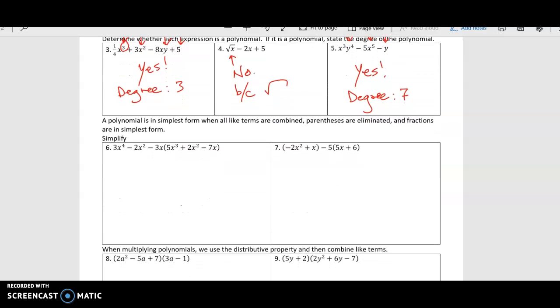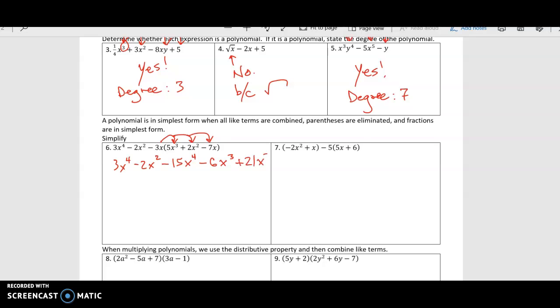A polynomial is in its simplest form when all like terms are combined, parentheses are eliminated, and fractions are in simplest form. They want us to simplify. So what we're going to do here is distribute this out in front of the set of parentheses to these 3 terms. We're going to use exponent properties to help us simplify them. We add here, that's a 1 and a 3, so it's going to be a 4. We're going to add 1 and 2.